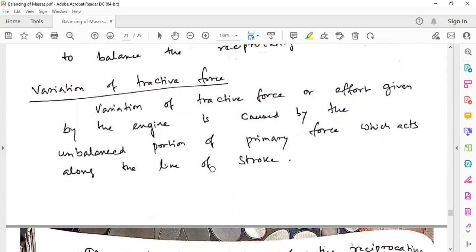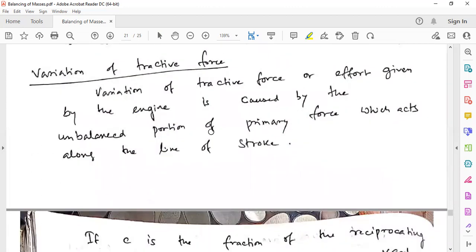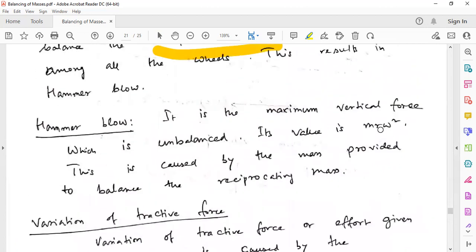Some portion of the primary force, mr omega square, will cause the unbalance. By the way, I'm sorry, mr omega square comes from the rotating part.